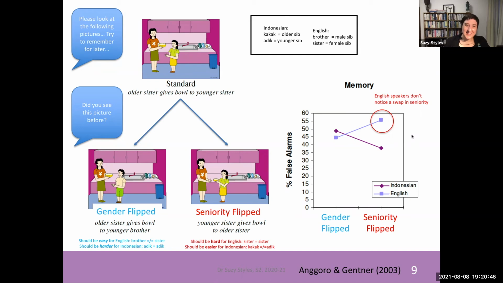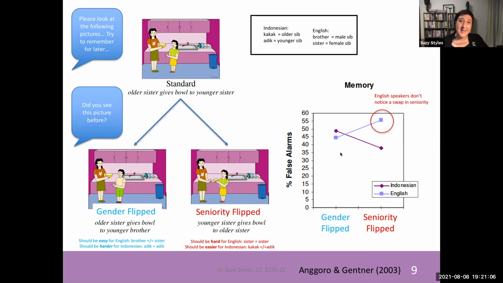So what we can see here is a representation of the memory task and the percentage of false alarms each person gave. So how many times did they incorrectly recognize an image that they had never seen before as one of the images that they had seen before?